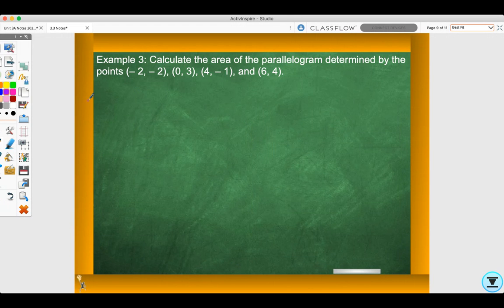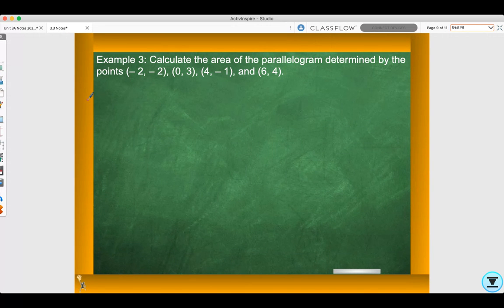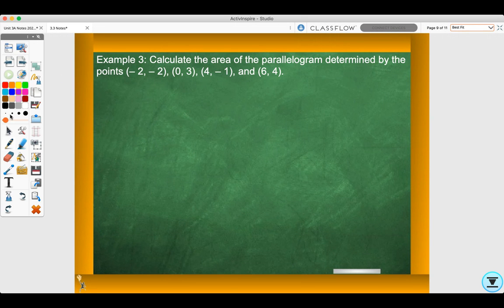Calculate the area of the parallelogram determined by the points -2,2, 0,3, 4,-1, and 6,4. So you could draw a picture of this. And one thing that we could do when we draw this, we notice that we have -2,2. We can transform this so that -2,2 becomes 0,0 to get some new vertices having the same area, making our problem easier.